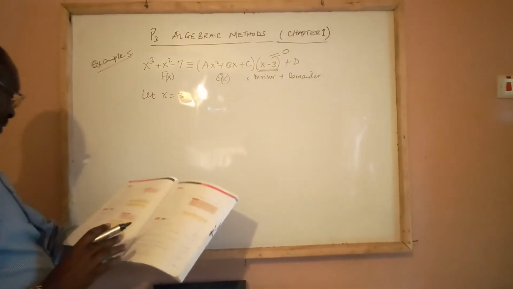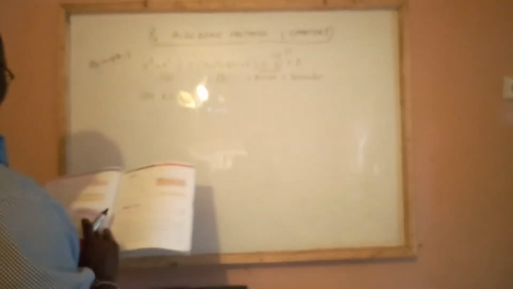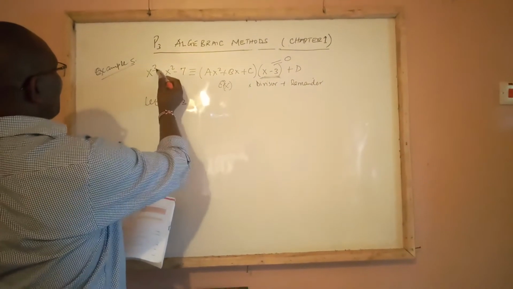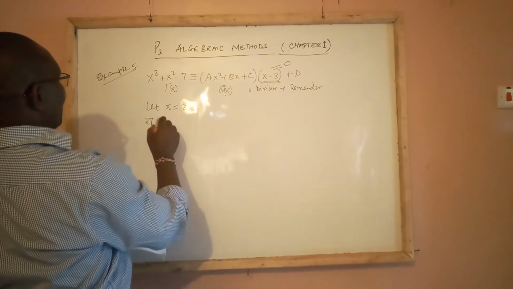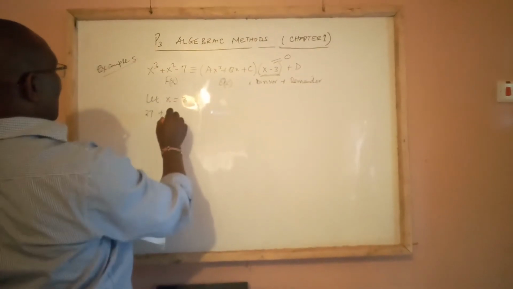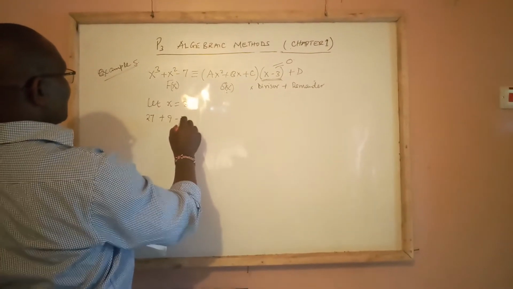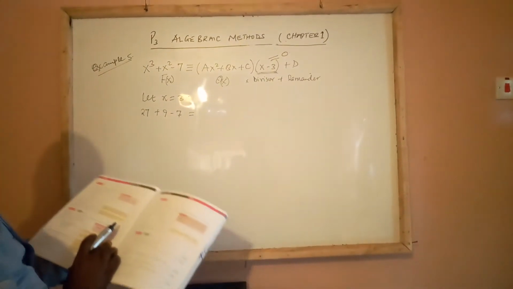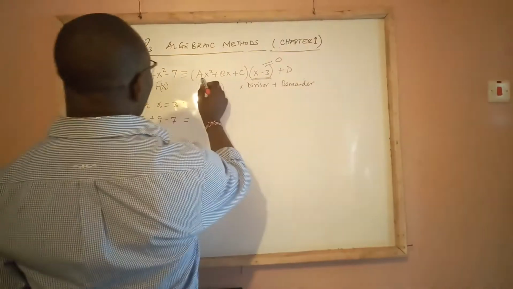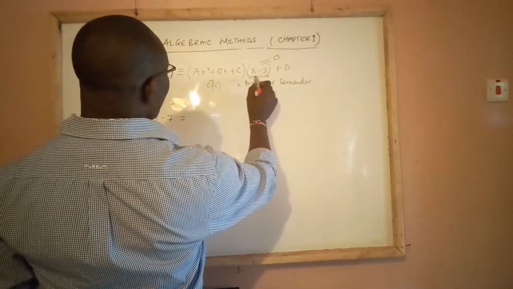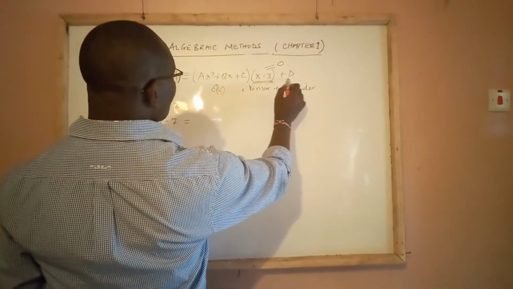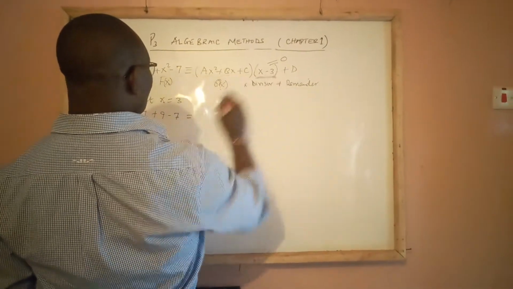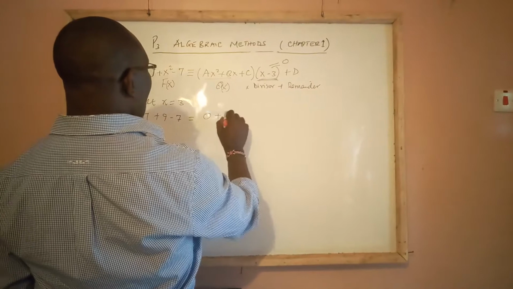At that point we have 3 cubed, 27, plus 3 squared, 9, minus 7 equal to the whole of this bracket multiplied by 0, which is 0, plus d.